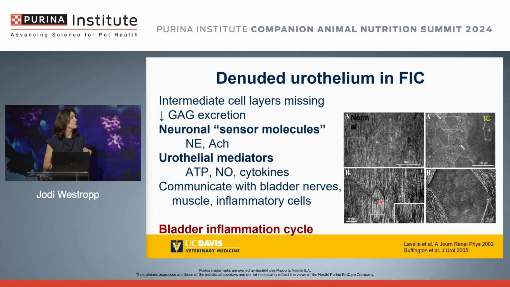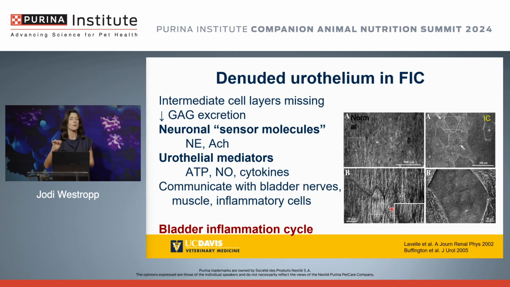But cats with FIC, we have found that they have a very denuded uroepithelium. So when you look at these 2 pictures, this is a normal cat by EM, the umbrella cells seen here, and even when the bladder's distended, they're maintaining very good tight junctions, versus the picture on the right, that's an IC cat, and you can see a very denuded uroepithelium.